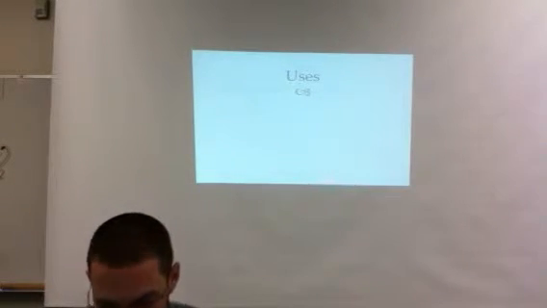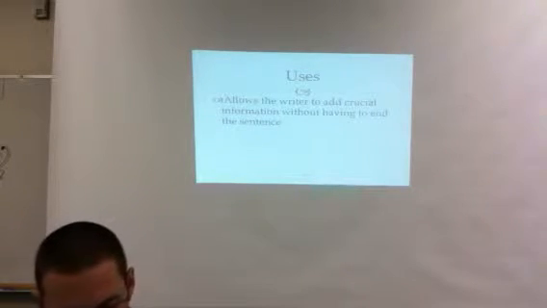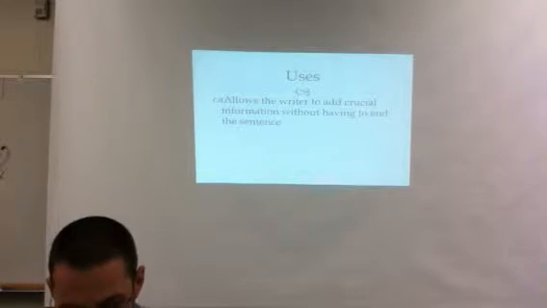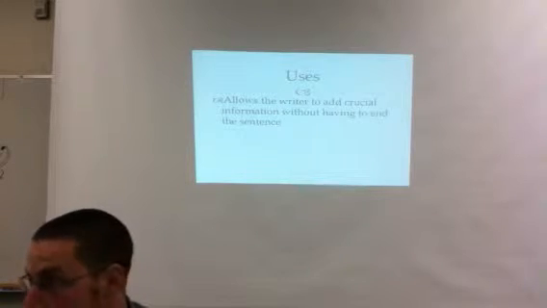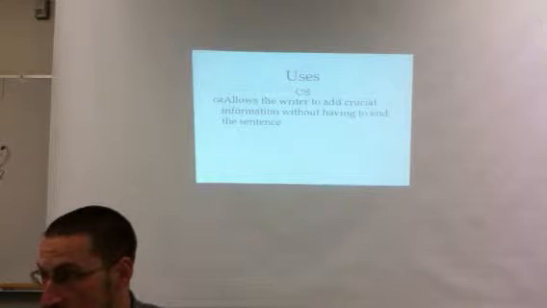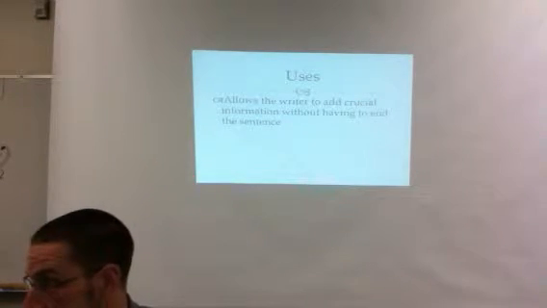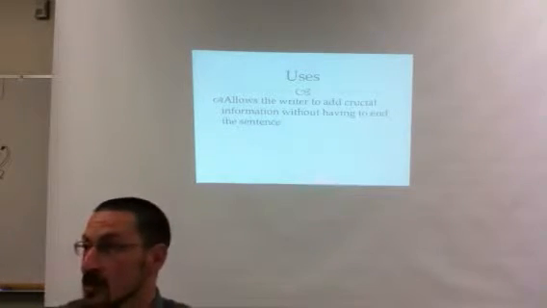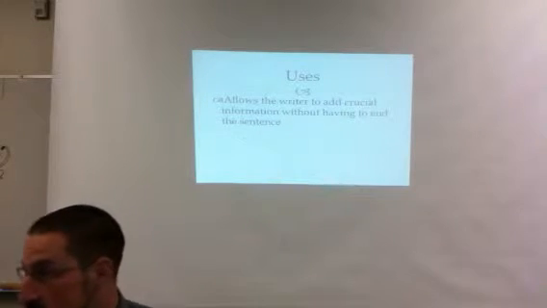So some of the uses. It allows you, the writer, to add critical information without having to end a sentence and start a new one. If you want to have information that is just glossed over and nobody really looks at it, use actual parenthesis marks. If you want to jolt the reader's attention and draw their attention to what you're saying, use little dashes on either side.